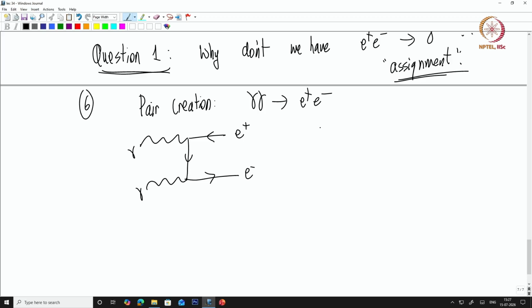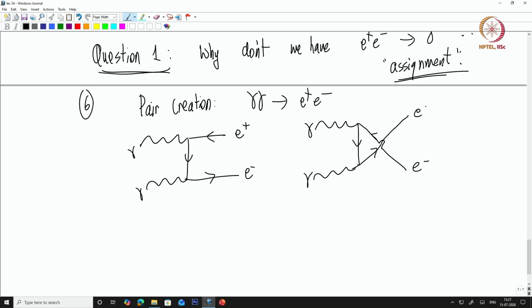The other diagram, you can easily figure out, would be a cross diagram like this.